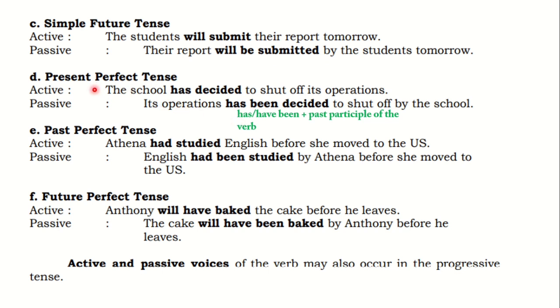Next, in the present perfect, we have has or have been plus past participle of the verb. With past perfect tense, we have had been plus past participle of the verb. And with future perfect tense, we do have will have been plus past participle of the verb.